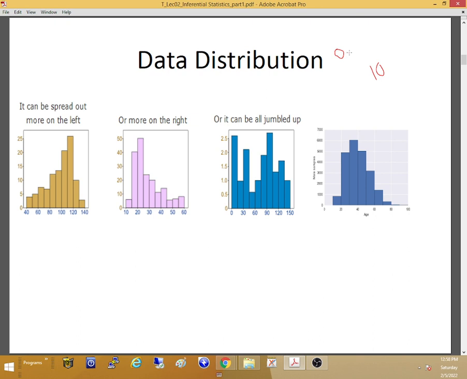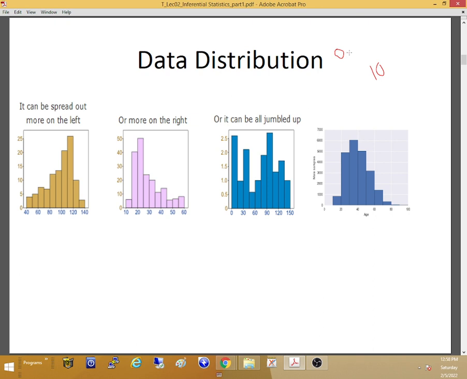The normal distribution is one of the continuous distributions. That's why we call it the probability density function, and in the discrete case we call it the probability mass function. So here is the probability density function for the normal distribution.